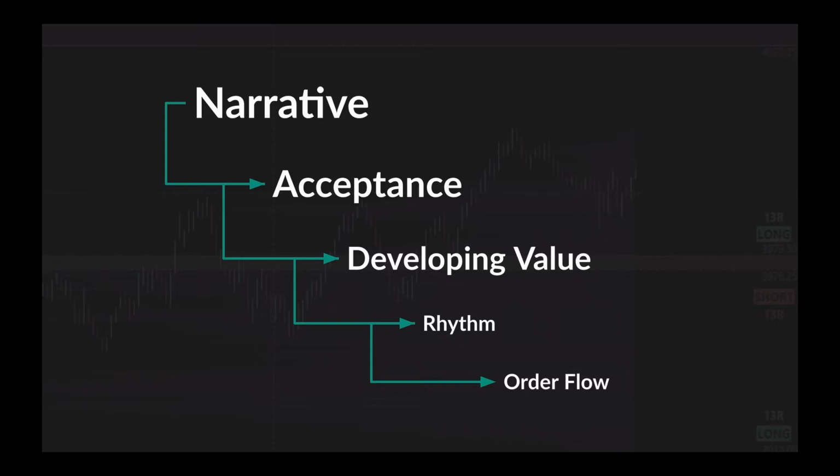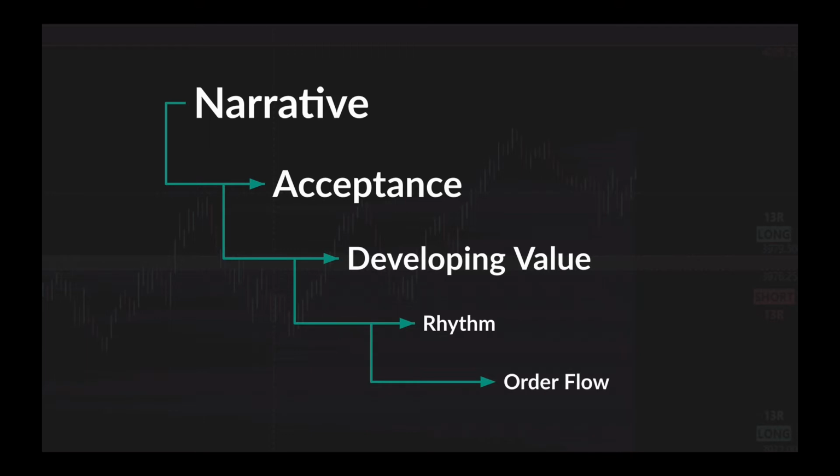Developing value is what happens between some of these areas and offers us opportunities to trade, even though we may not be perfectly at a line in the sand. It gives us more opportunities to trade as value develops during the trading session. Rhythm, which is what we're going to talk about today, helps us to time entries.